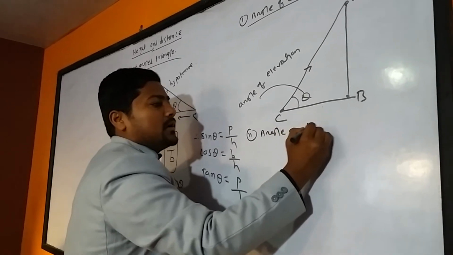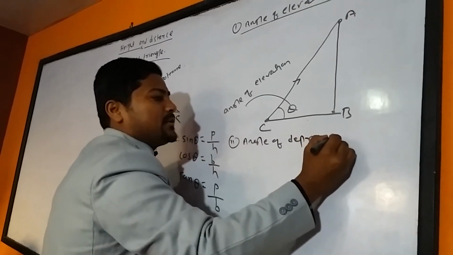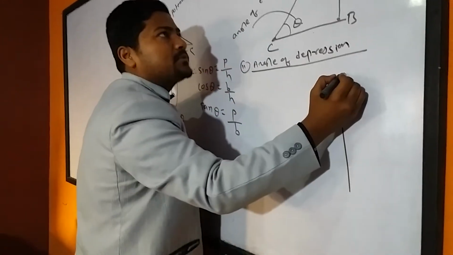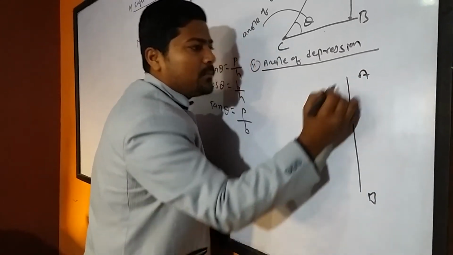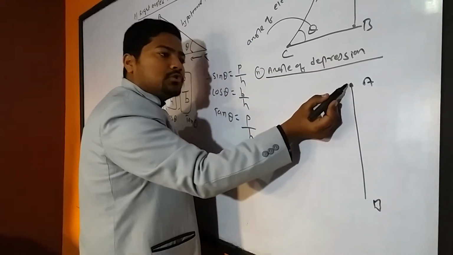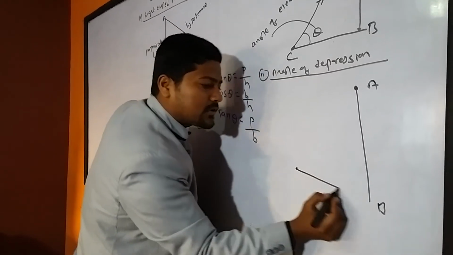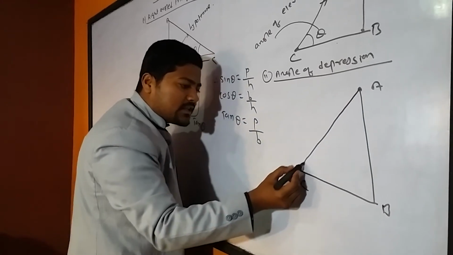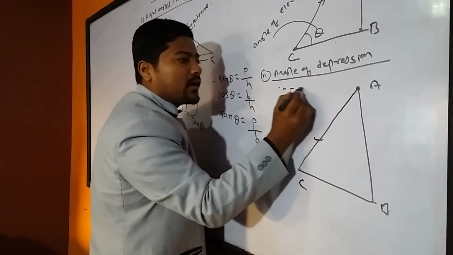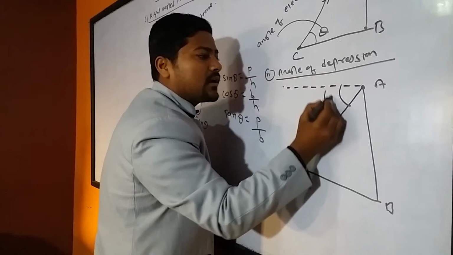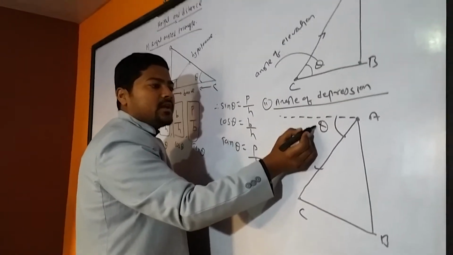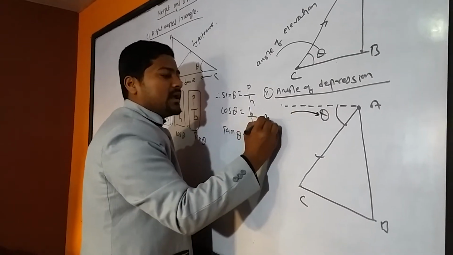Next is angle of depression. Suppose that from the same tower AB, from point A, you observe from top to bottom. This angle is called the angle of depression.